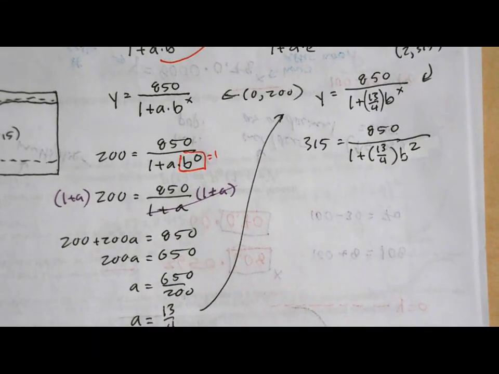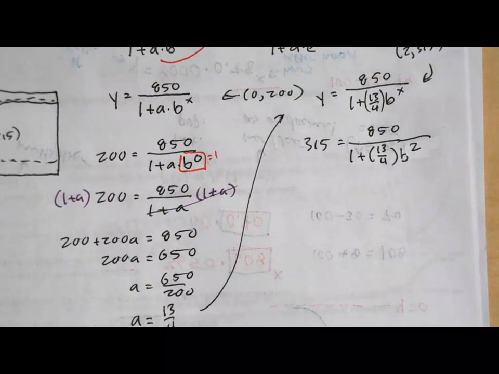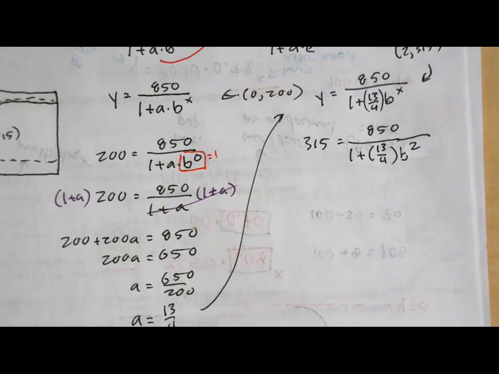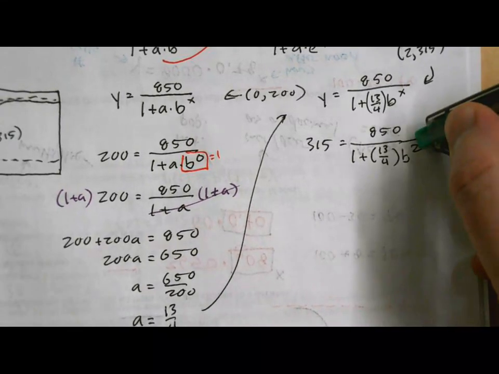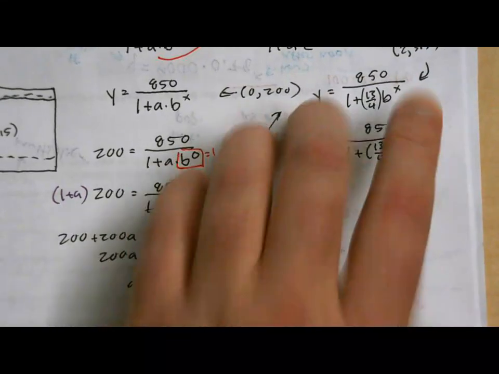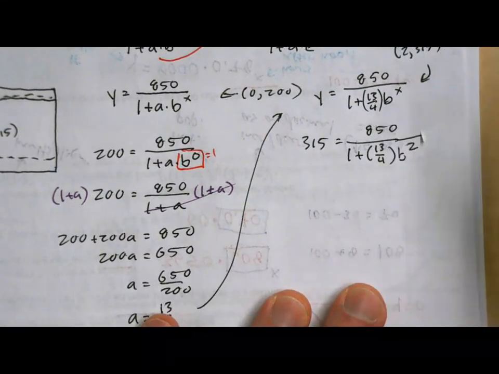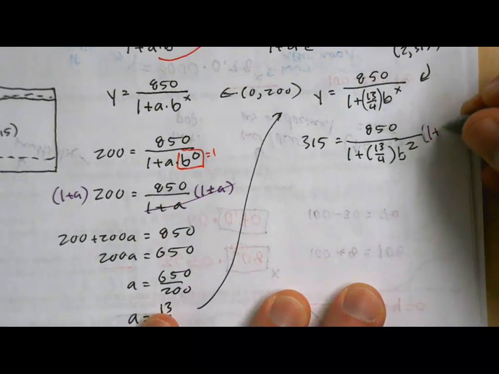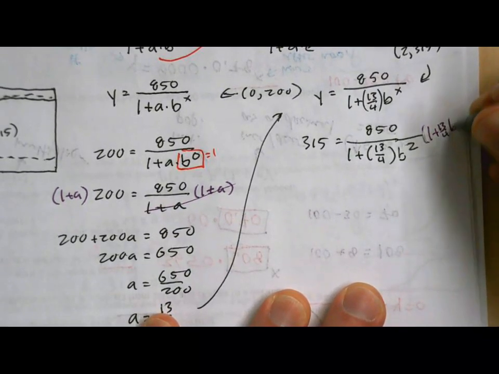All right, can we solve this? Absolutely. Clear your fractions. Start by clearing your fractions. You're going to multiply by your denominator on both sides, which is 1 plus 13 over 4b to the second.